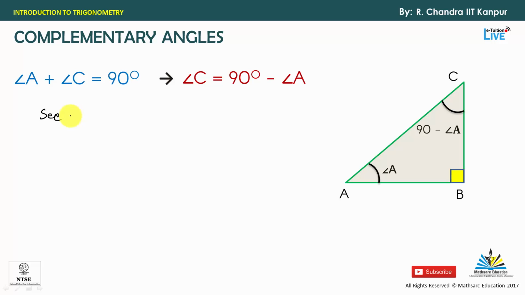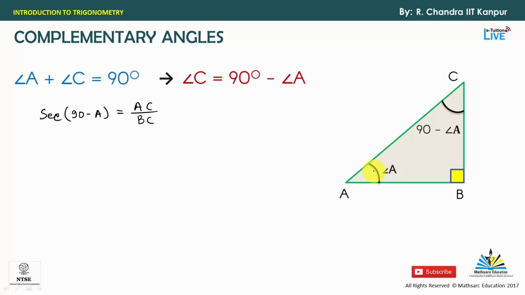Sec of 90 minus A angle is equal to, sec is hypotenuse upon base, that is AC upon BC.